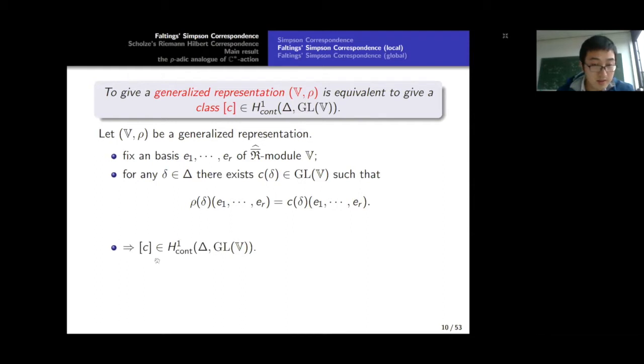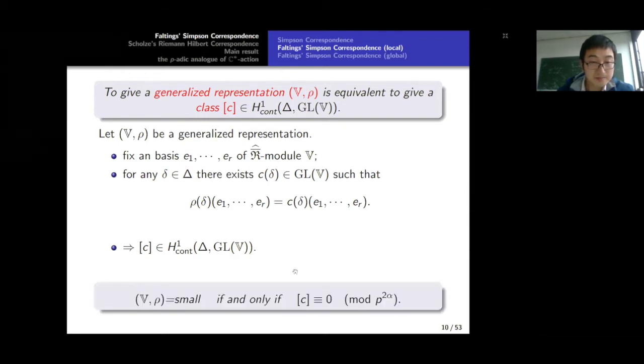So we can define this C(γ), which will form a one-cocycle. So this gives a class in the continuous Galois cohomology. And this generalized representation is small if and only if this class is equivalent to 0 modulo 2α.